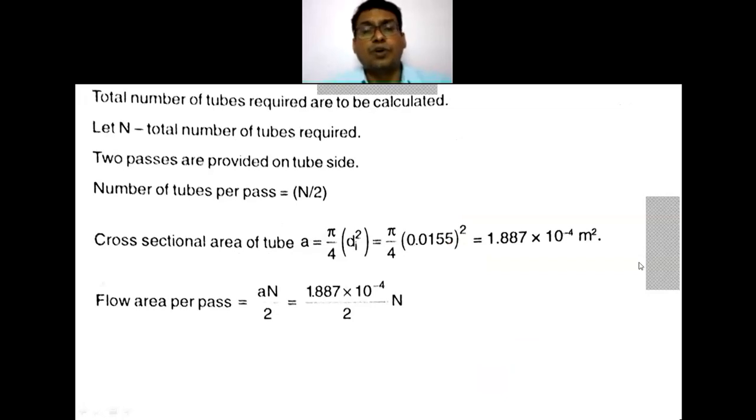Once the volumetric flow rate is known, the total number of tubes required are to be calculated.